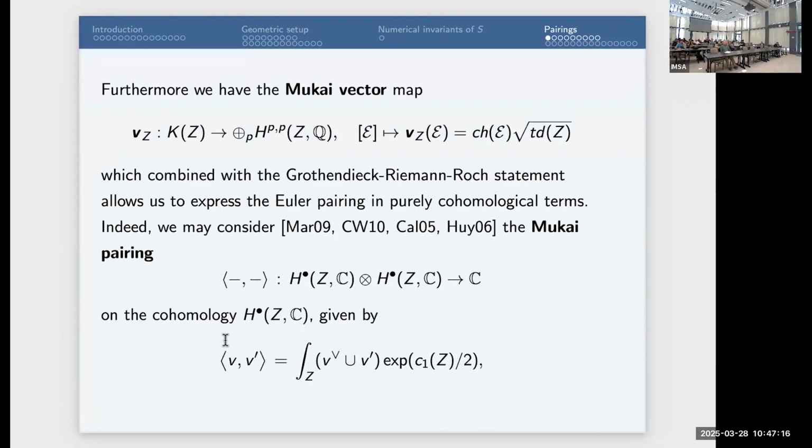We also have the Mukai vector map, which is multiplying by the square root of the Todd class. If you combine this with what you can do here, it allows us to express the Euler pairing in purely cohomological terms.